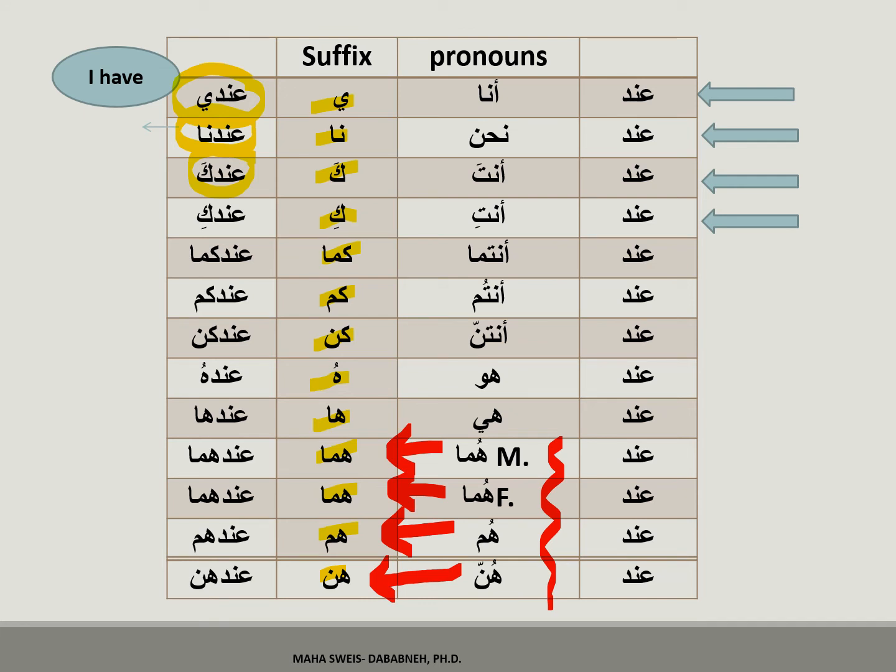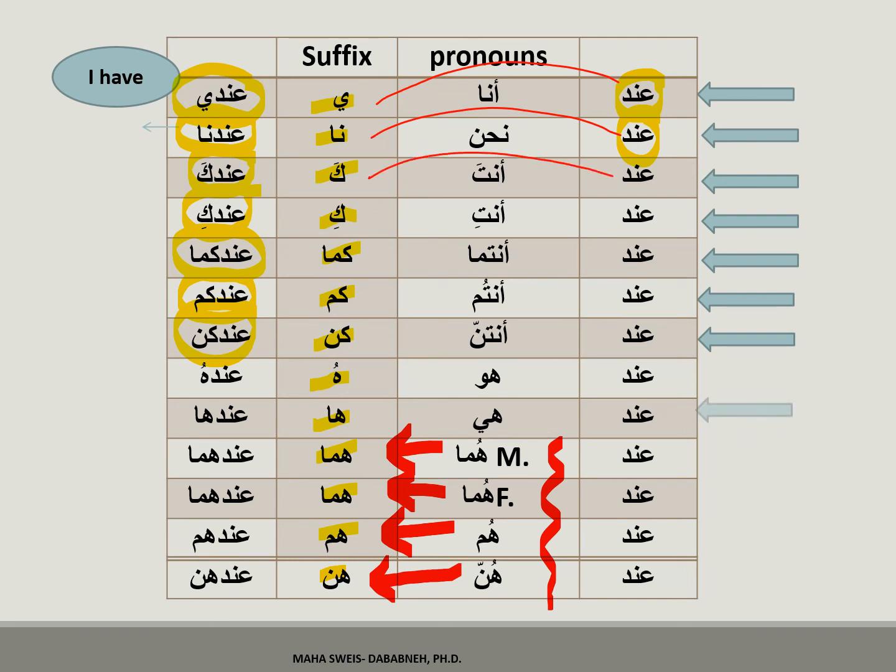With أنت, عندك. أنتما, عندكما. أنتم, عندكم. أنتن, عندكن. You see, you never change the noun. Leave it as it is. The whole point, you just suffix all these letters.